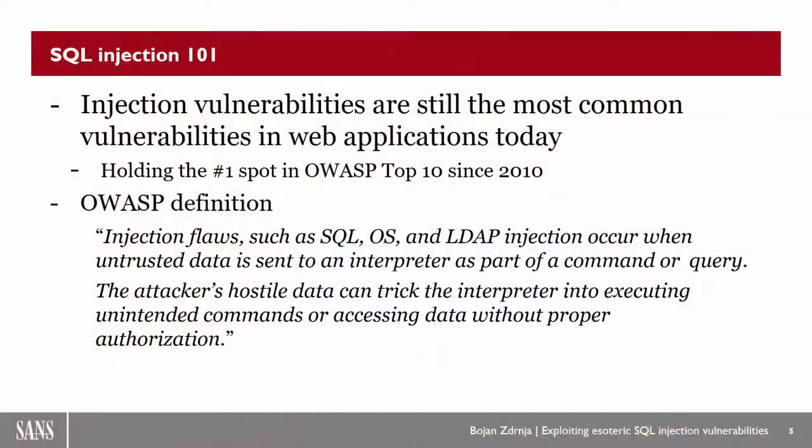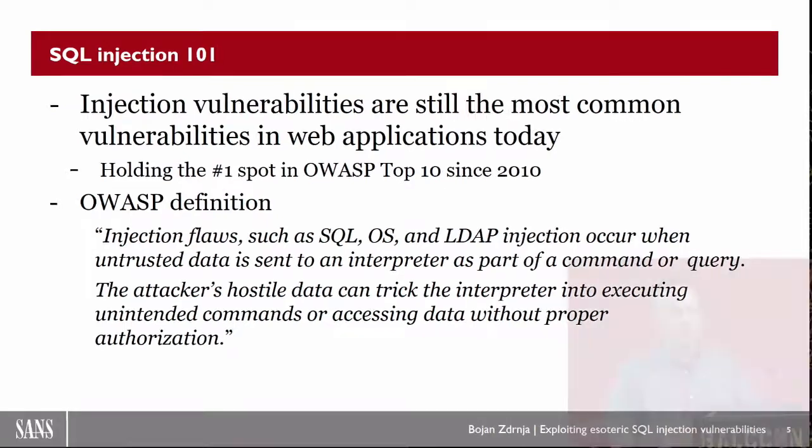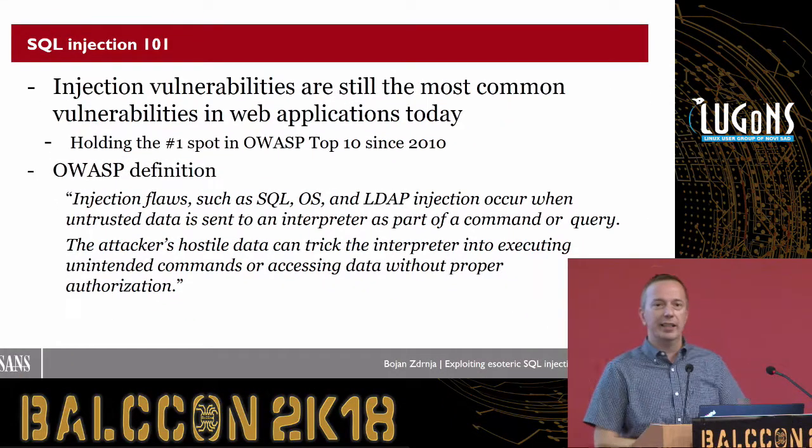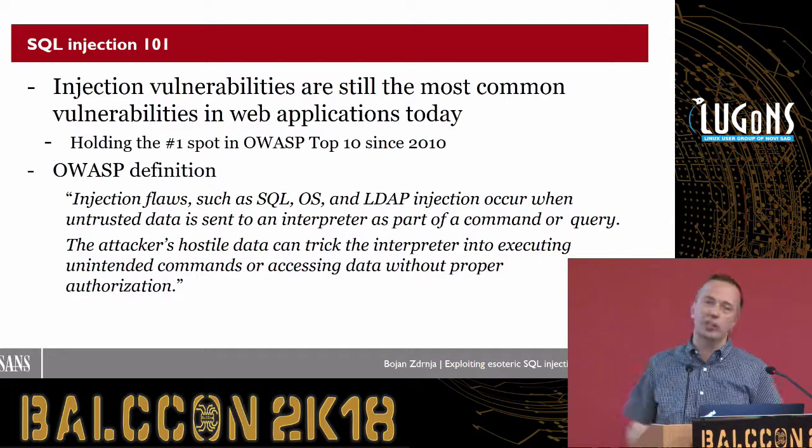So, what's SQL injection? Well, it's one of the subcategories of injection vulnerabilities, and injection vulnerabilities are still so common in web applications that since 2010, in the OWASP Top 10 list, injection vulnerabilities are at the number one spot. So they're very, very prevalent, and there are all sorts of different injection vulnerabilities.